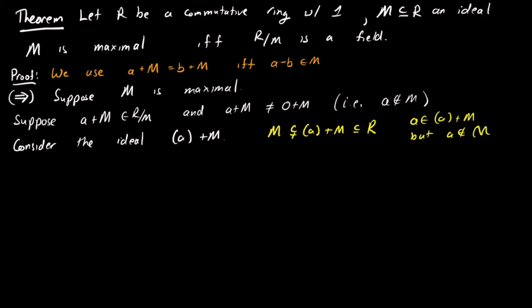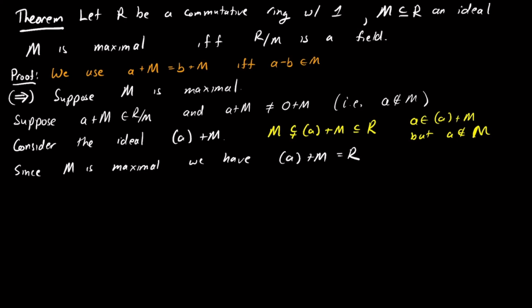We're starting with the fact that a is not an element of M itself. Okay, so we have that M is a proper subset of the ideal generated by a plus M, but I know that M is maximal. So since M is maximal, I'm forced to conclude that this new ideal, a plus M, is equal to all of R.